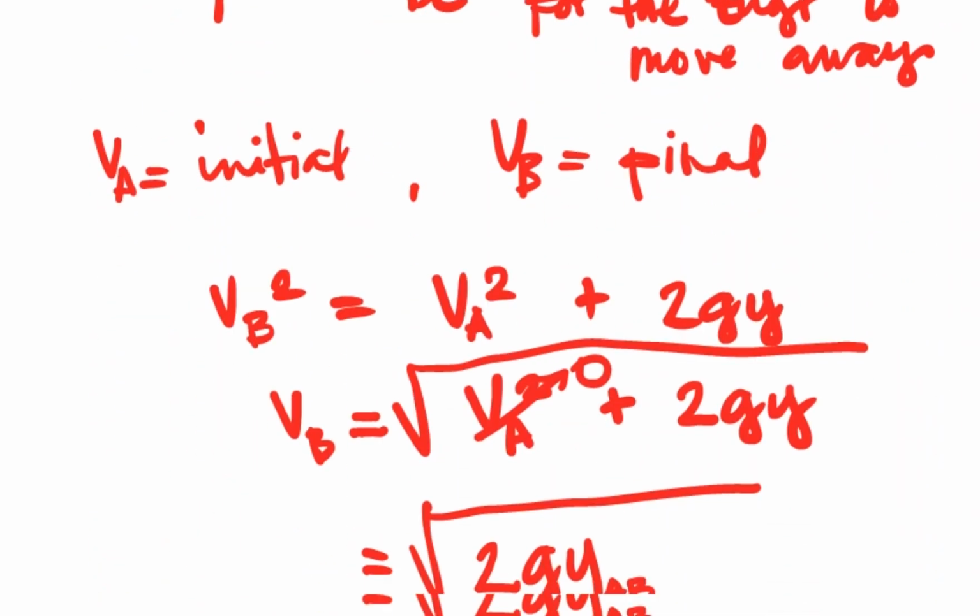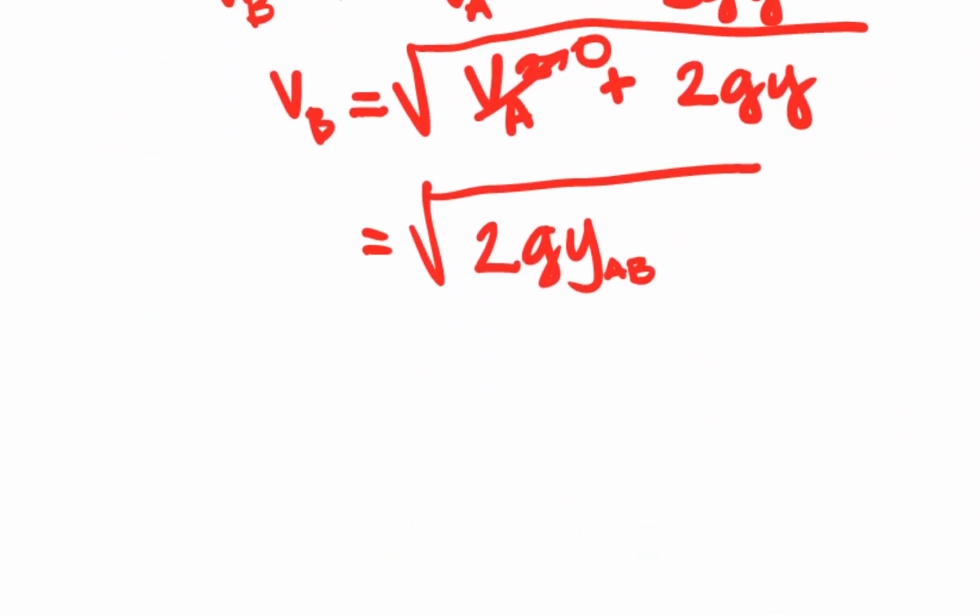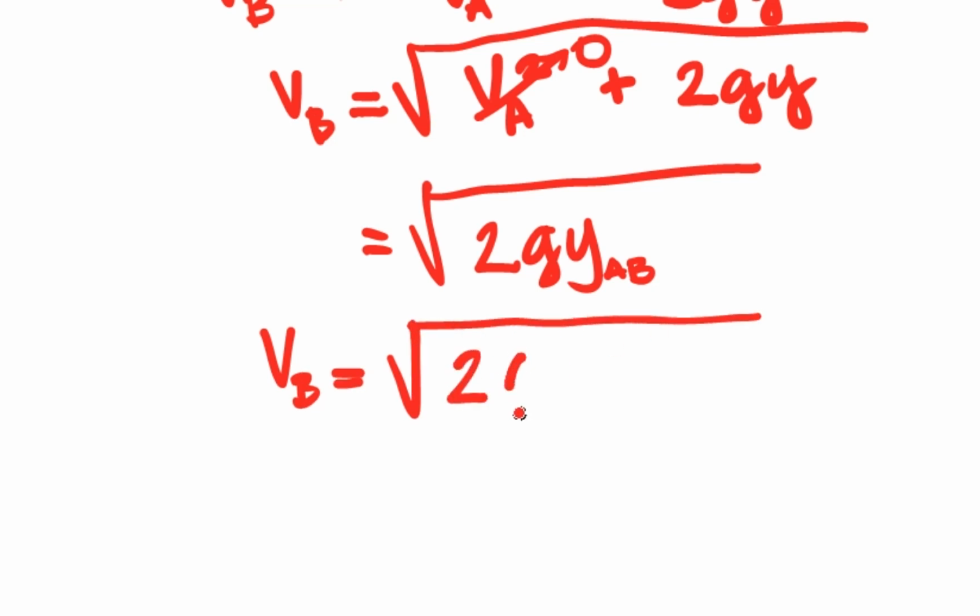Now going back to our equation, we can compute velocity B by substituting 2 times negative 9.8 meters per second squared.